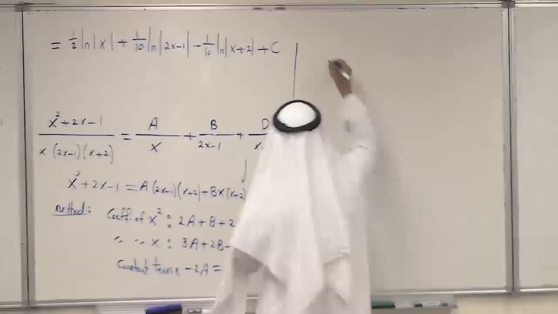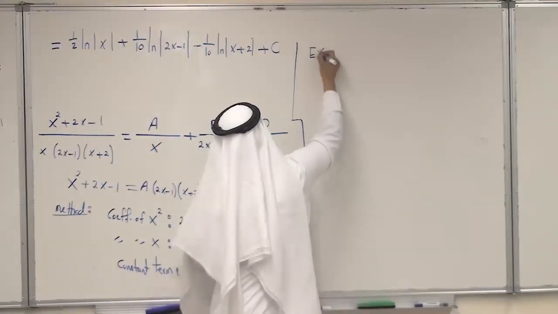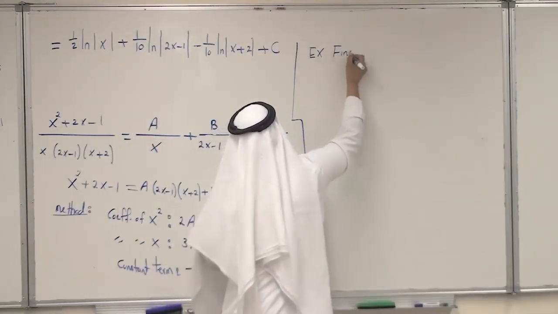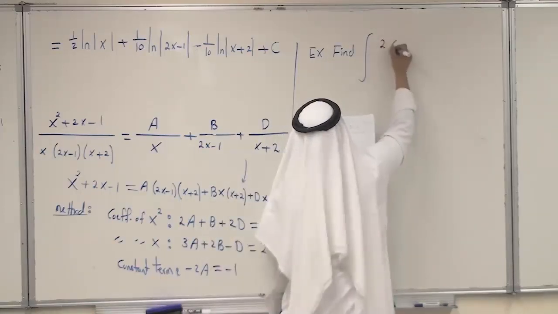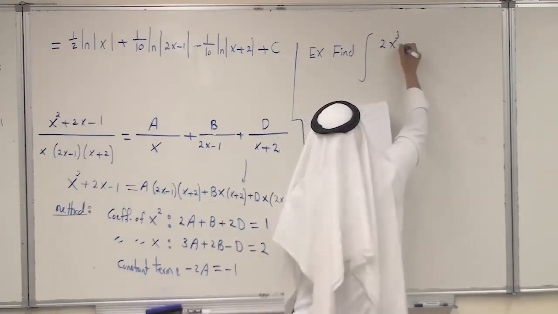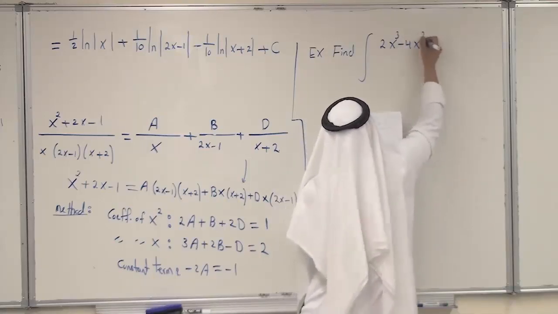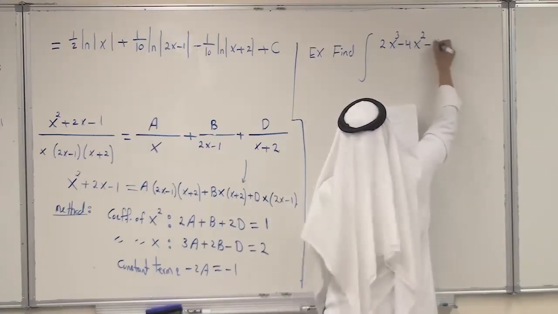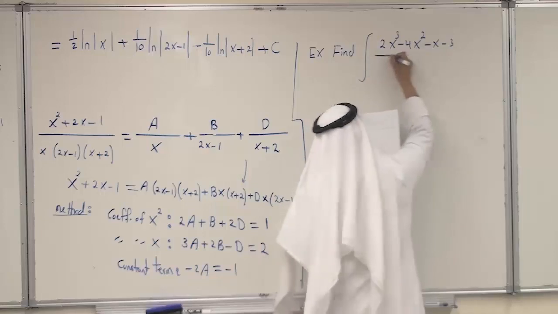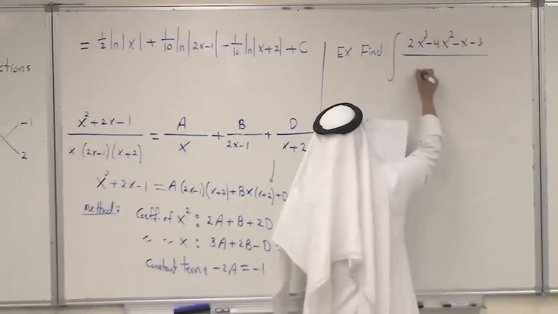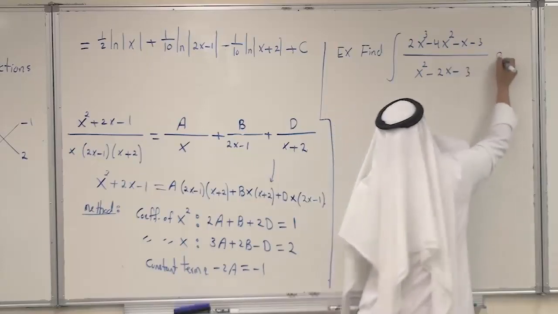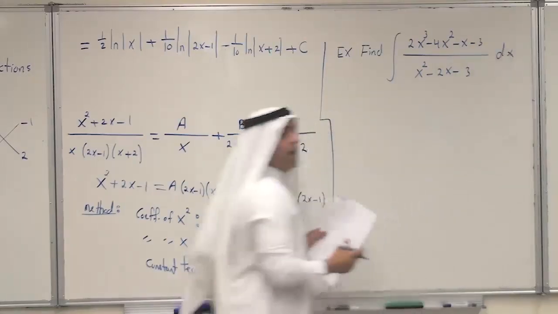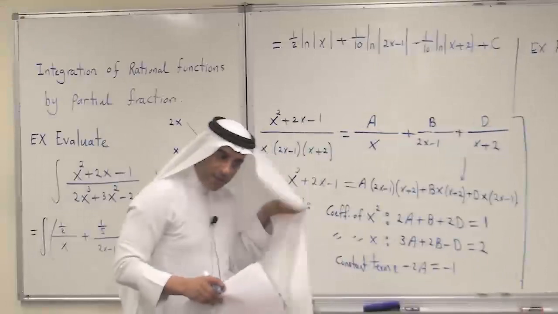Now, we don't forget if someone asks us to find the integral of 2x cubed minus 4x squared minus x minus 3 divided by x squared minus 2x minus 3 dx. Now, a common mistake will be the following.